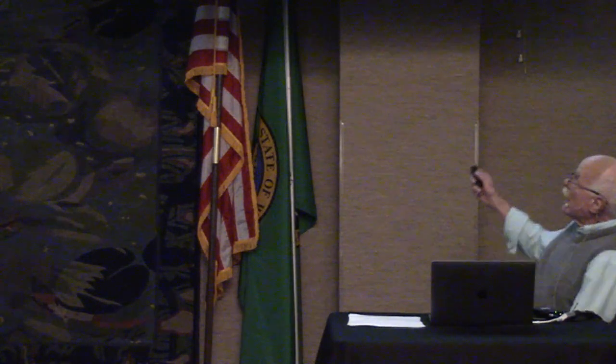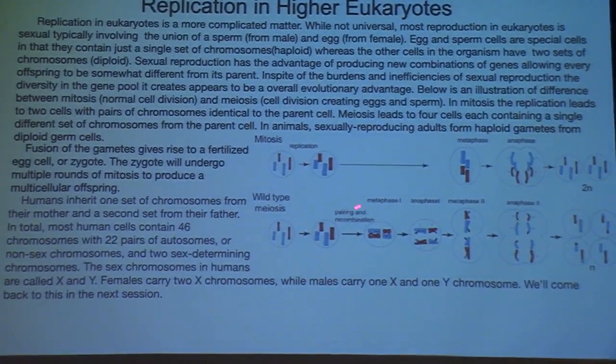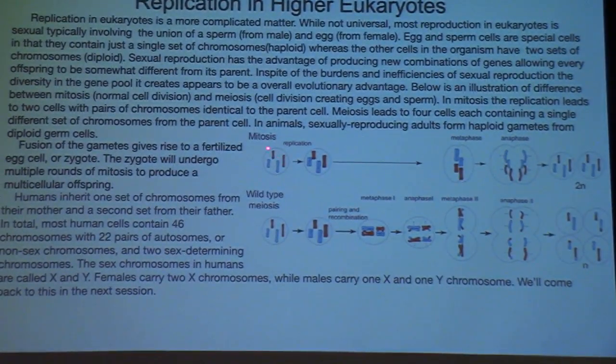So below I show the difference between the mitotic replication, where one ends up through a series of steps just creating 2 of the original types of cells.